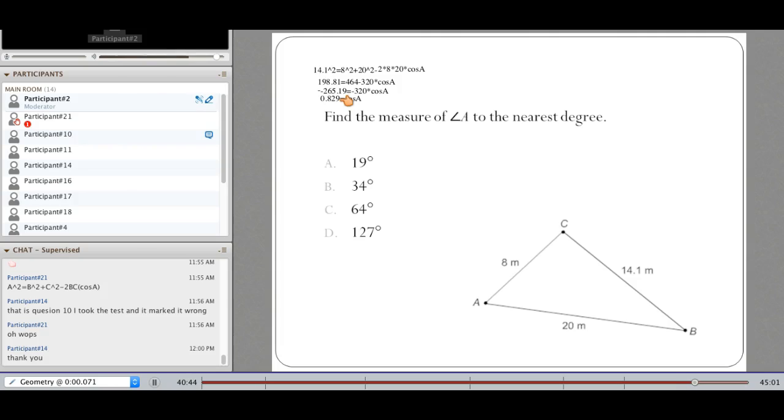Mason, right here, make sure you keep 4 decimal places. Don't round it to 3 yet, so keep 0.8287 right there. Perfect, yeah, it was 0.8287.